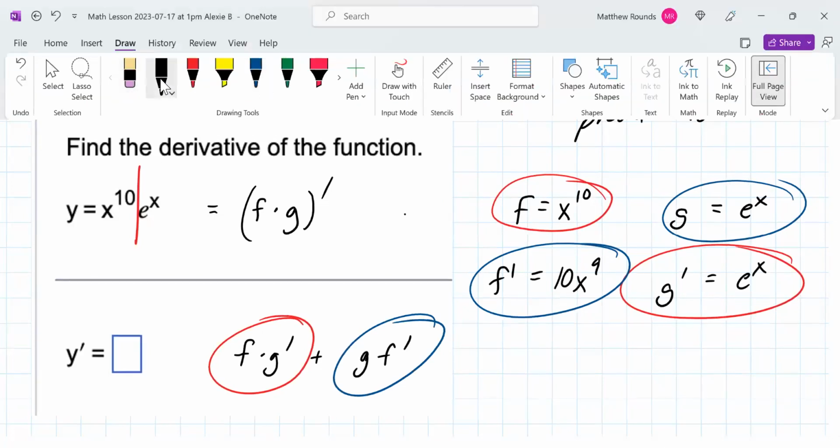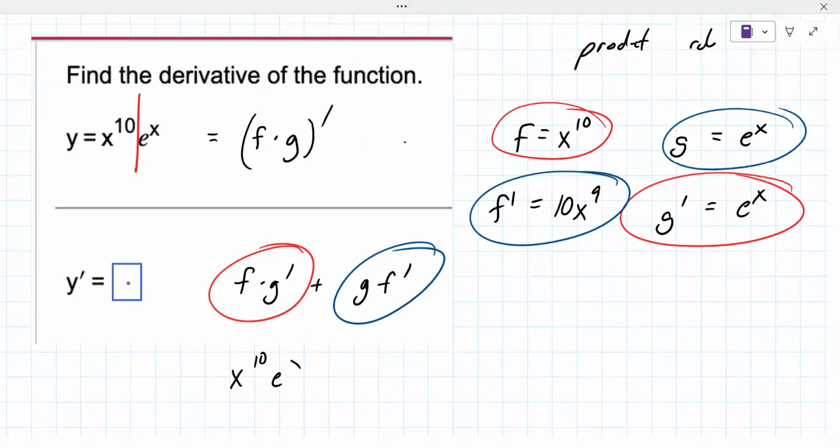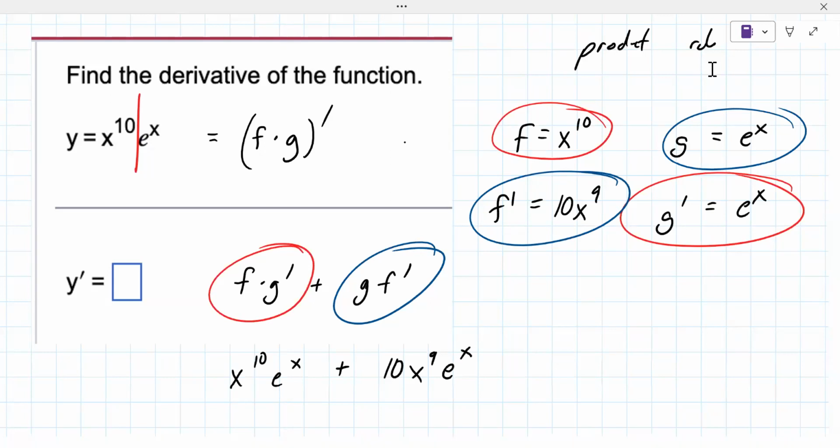The order doesn't really matter because it's multiplication and addition. So it's x to the 10 e to the x plus 10x to the 9th e to the x, like that. That's what I meant by pairing them up diagonally. And that's how you enter the problem? Yep. There are a few other ways you could do it, but this is good enough. This will work.